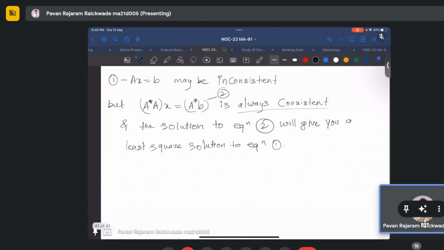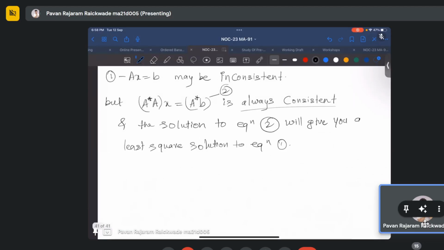Let's see, I want to show A star Ax equals to A star b is always consistent.